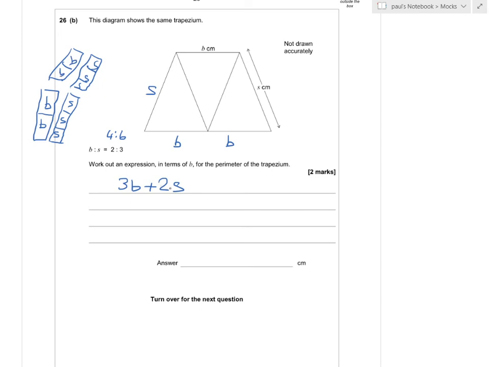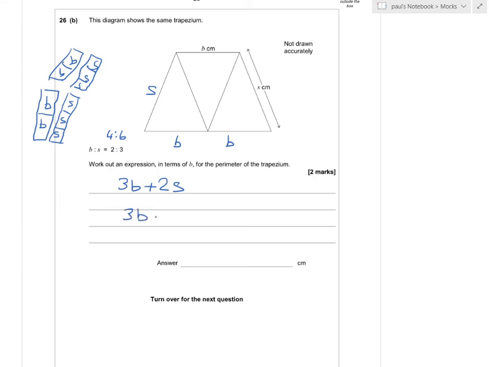So instead of putting that 2S, we can put 6 is 6 to 4. We can put 4B instead of that 2S.